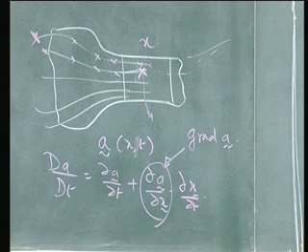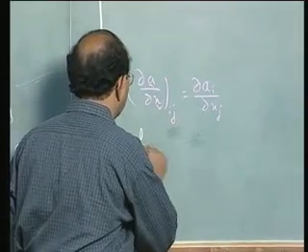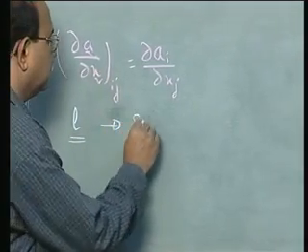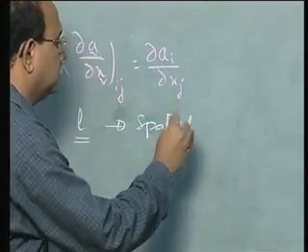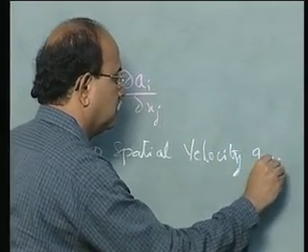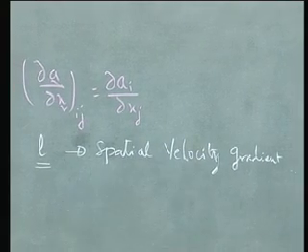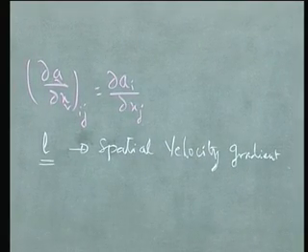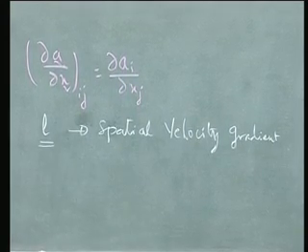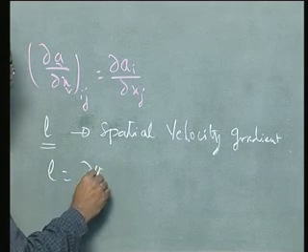Okay. Now, let me define a spatial velocity gradient L. Spatial velocity gradient, or spatial velocity gradient tensor, however you want to call it, L to be ∂v/∂x.